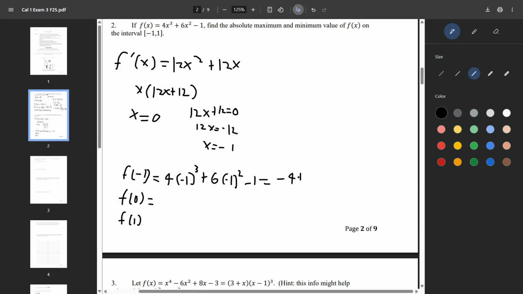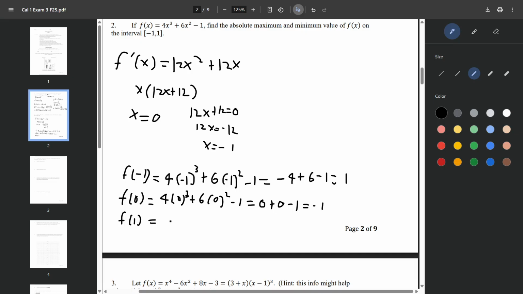Let me rewrite that. 6 minus 1 equals 1. And so we do the same for the rest of them. For f of 0, 4 times 0 cubed plus 6 times 0 squared minus 1 equals 0 plus 0 minus 1 equals -1.